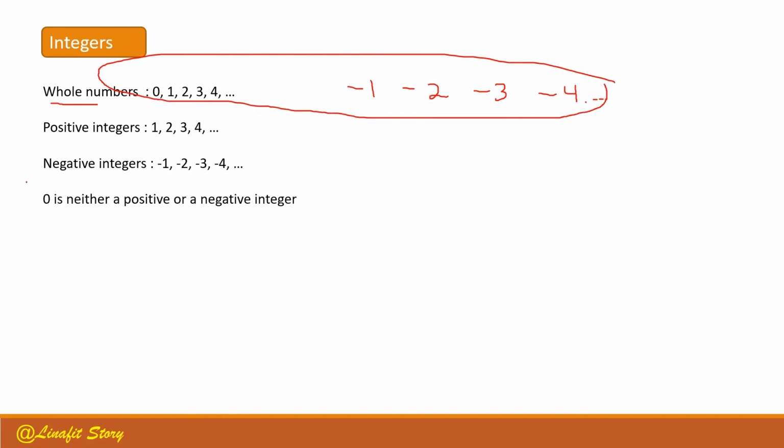Positive integers are positive whole numbers, such as 1, 2, 3, 4, and so on, while negative integers are numbers such as negative 1, negative 2, negative 3, negative 4, and so on. 0 is neither a positive or a negative integer.